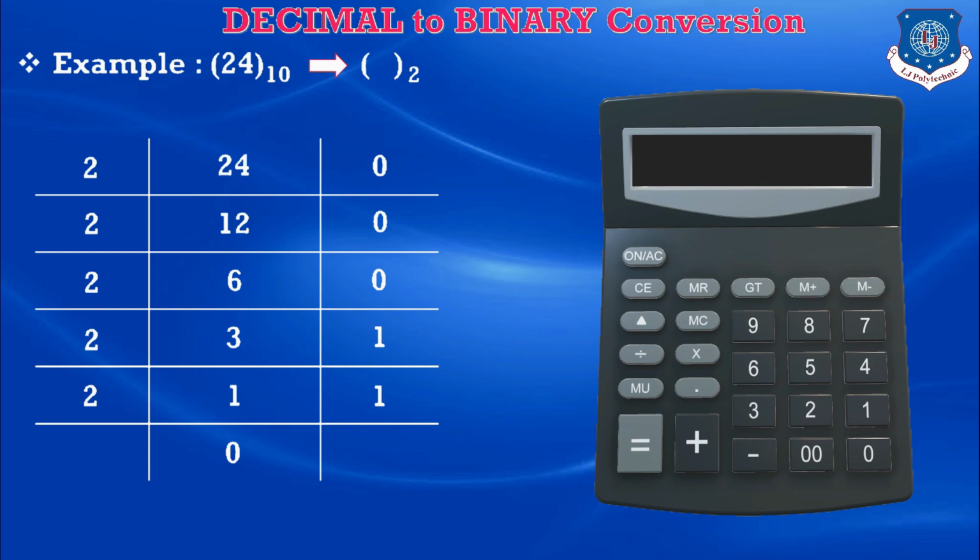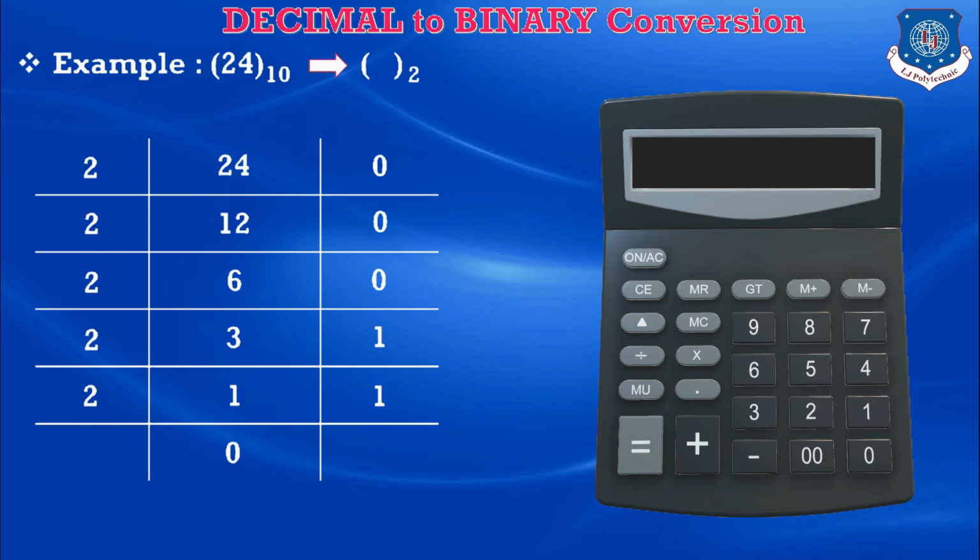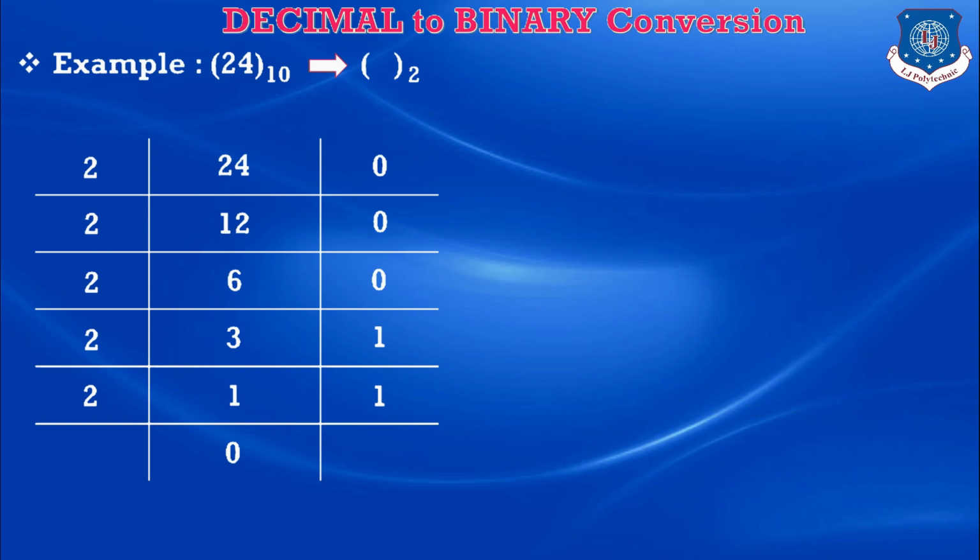Now we assign LSB and MSB to the remainders. Make sure, students, LSB is the uppermost remainder and MSB is the lowermost remainder. Here the arrow indicates the position of the remainders for the answer.